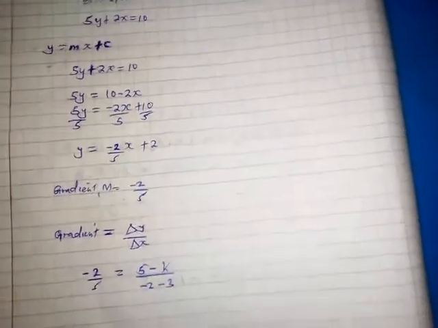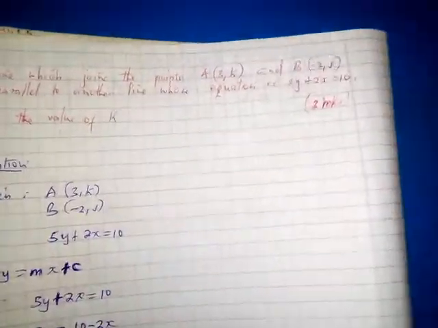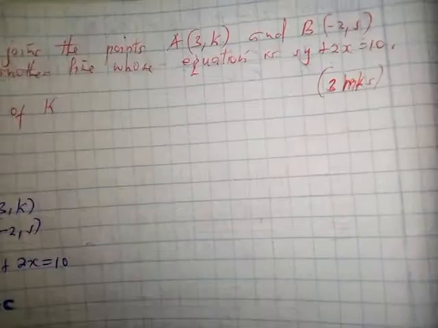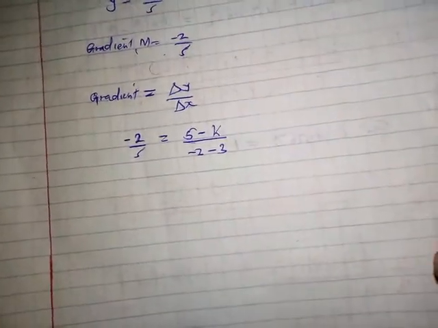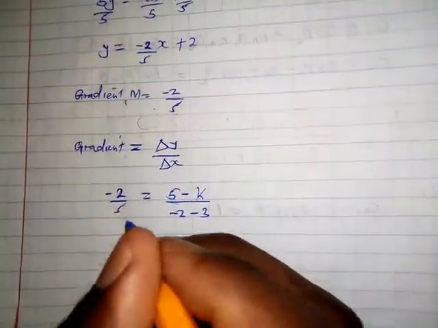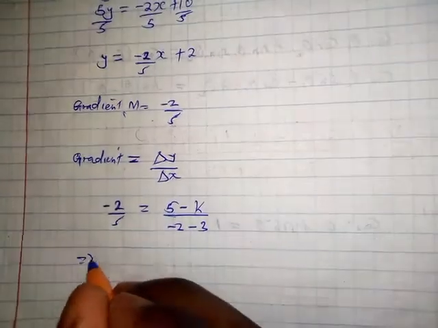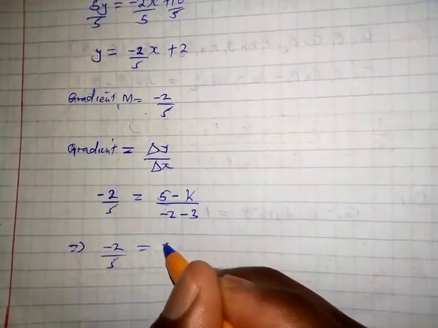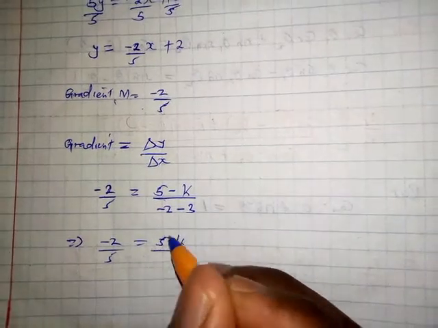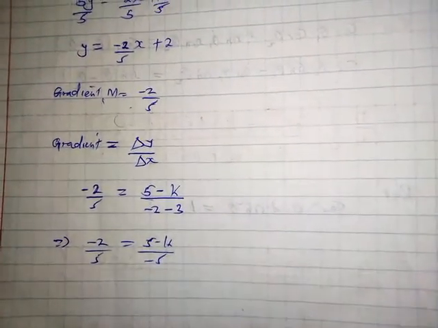Then we simplify. This is the same as negative 2 over 5 is equals to 5 minus k over negative 5.